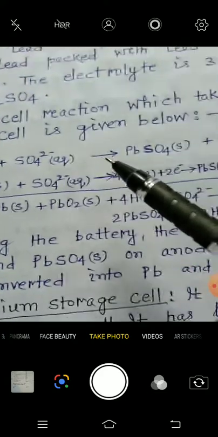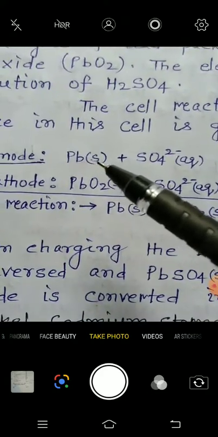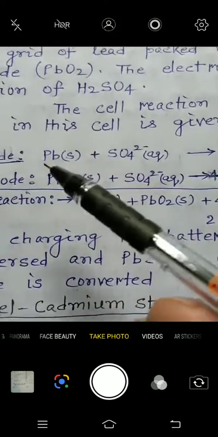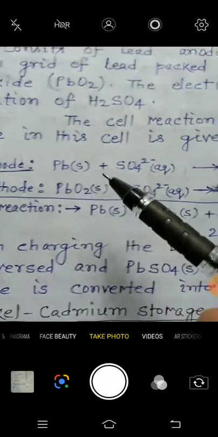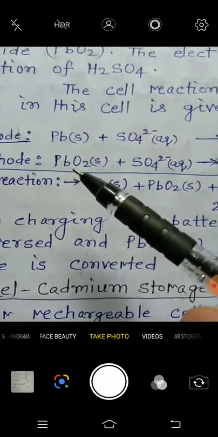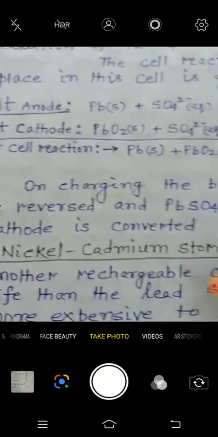The special thing with the reaction of this lead storage cell is that the reaction which takes place at anode is here, and the reaction which takes place at cathode is here, and the overall reaction is here.